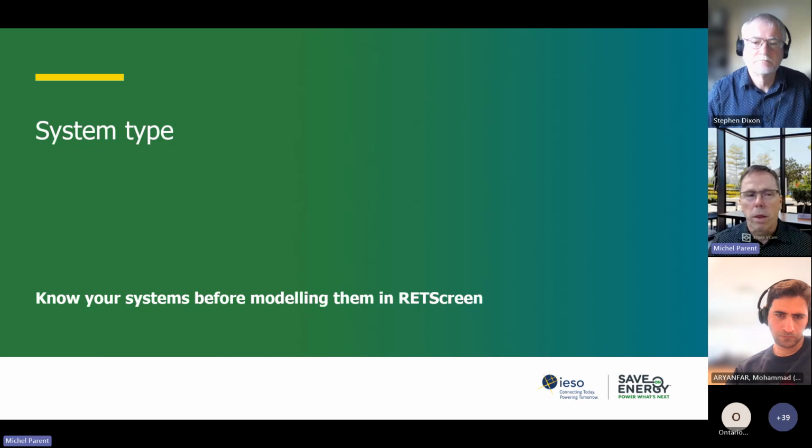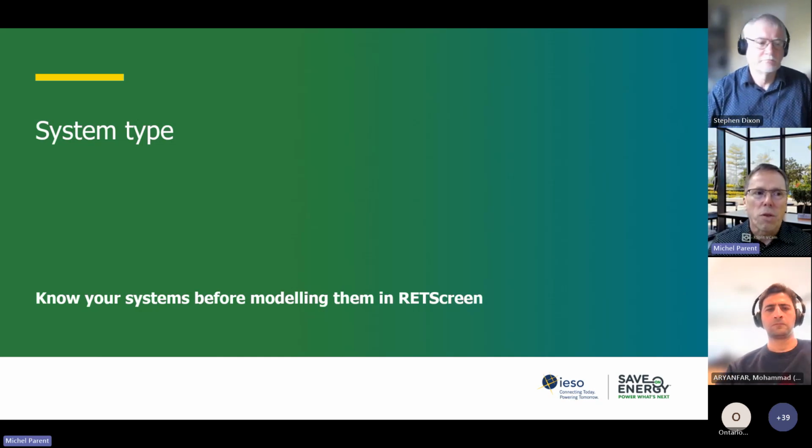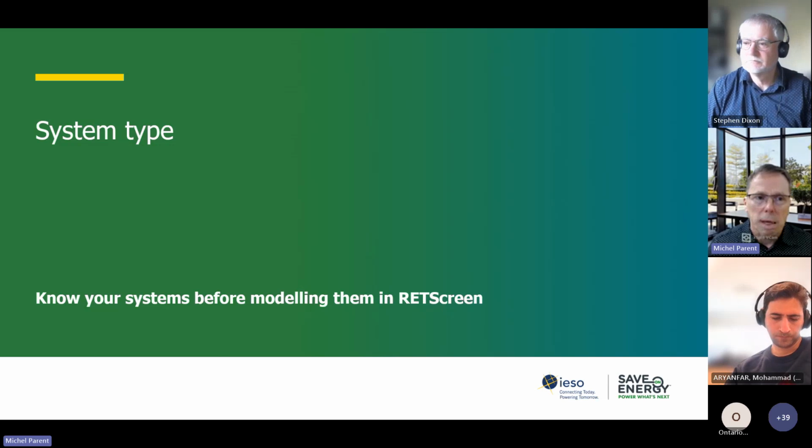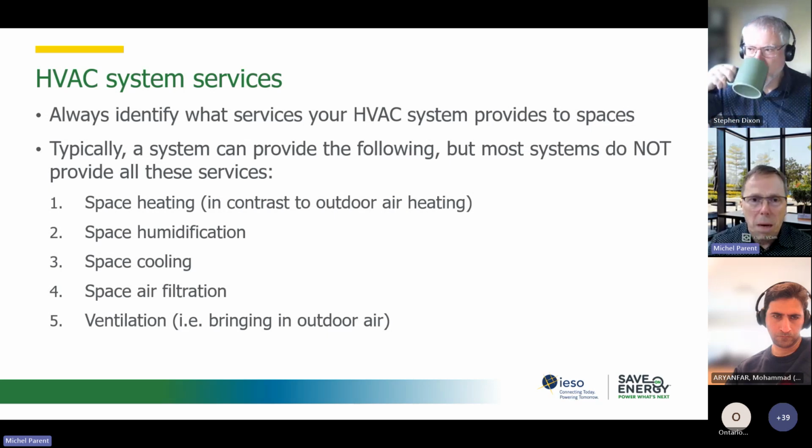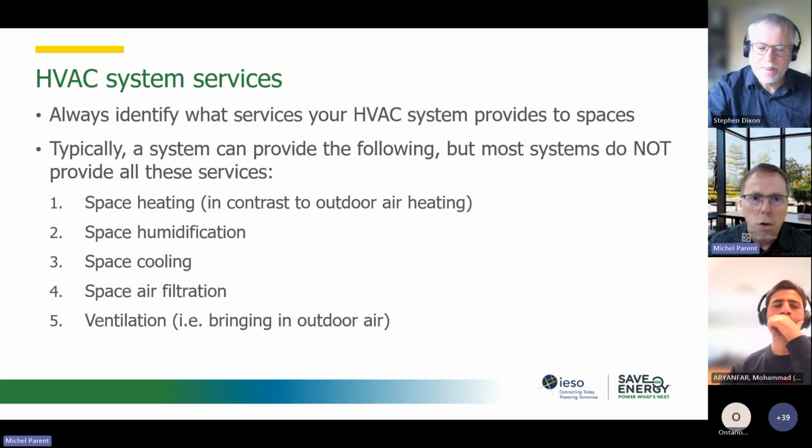So where I was going with that is, before you start modeling anything in RETScreen, you have to think, what kind of system do I have? It is critically important, and I cannot stress that enough, that you understand the type of system you're going to model. And when I say that, you should always go back to the basics and ask, what is my system providing to my building?